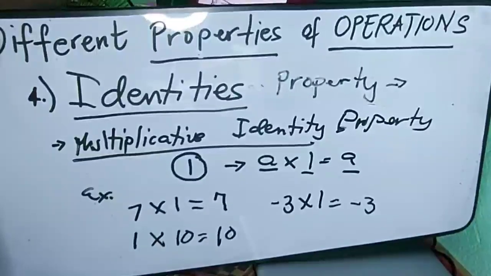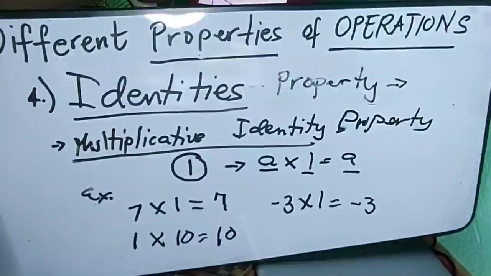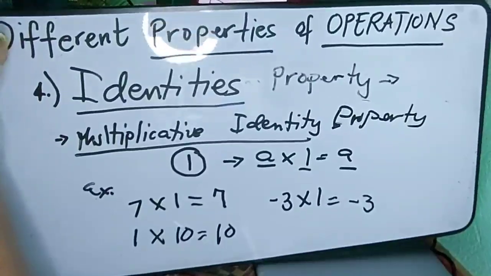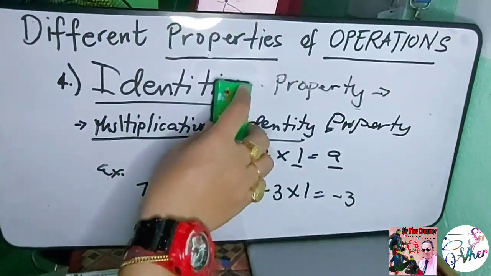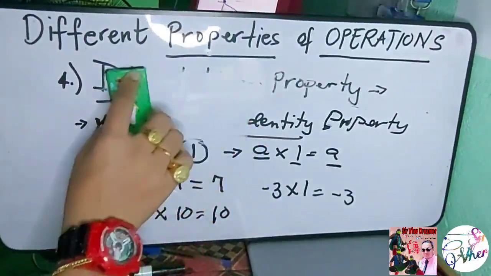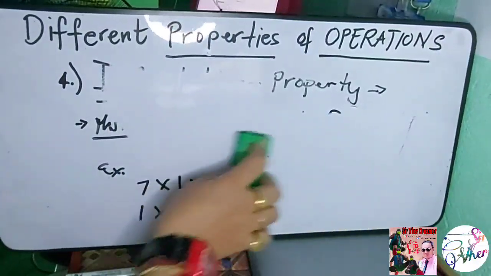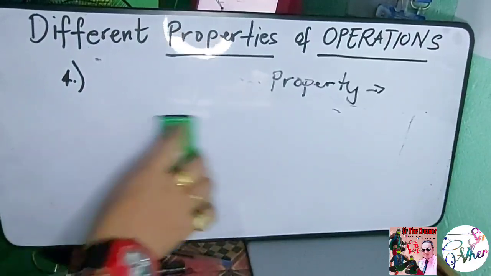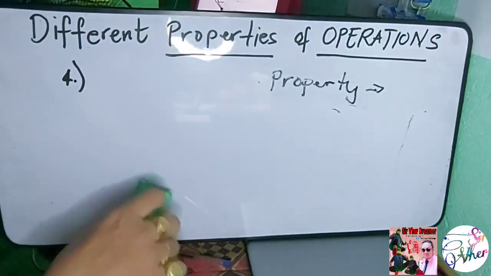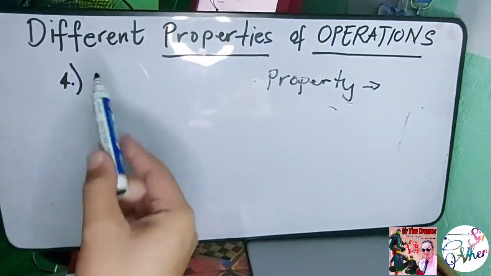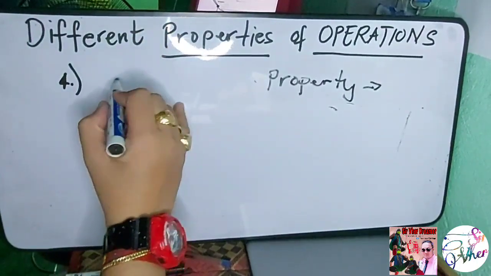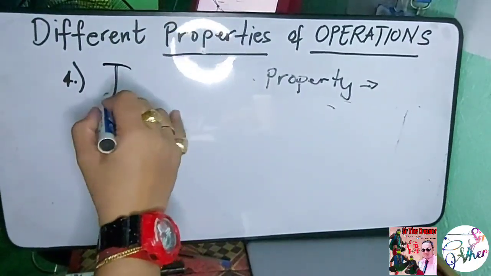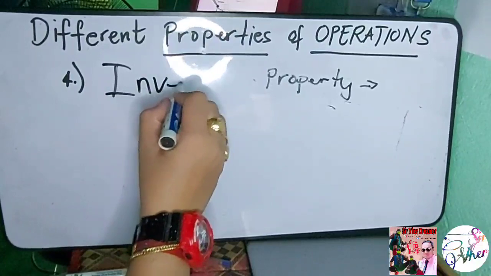So we have the fifth one. What property of operation is it? Under what operation? Division and multiplication. This is what we call the inverse properties.